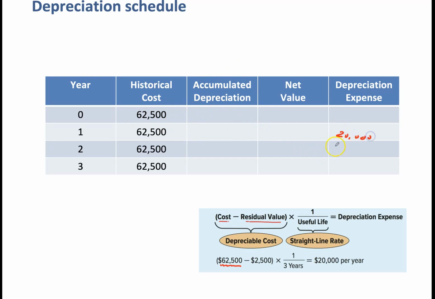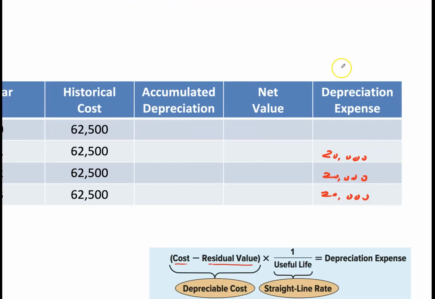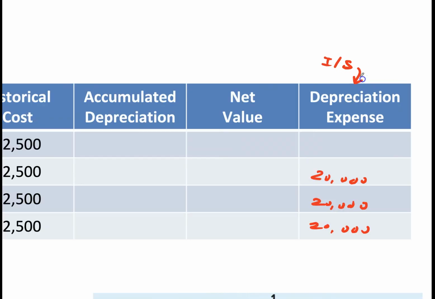That is the depreciation expense. Every year is the same. We are using the same amount, right? This depreciation expense is in the income statement, okay? In the income statement, we recognize the depreciation expense of $20,000 every year.